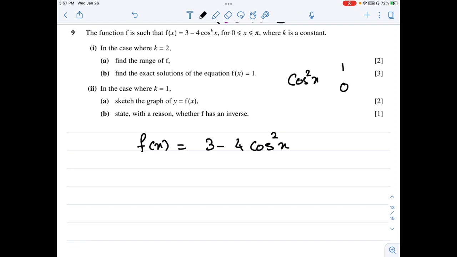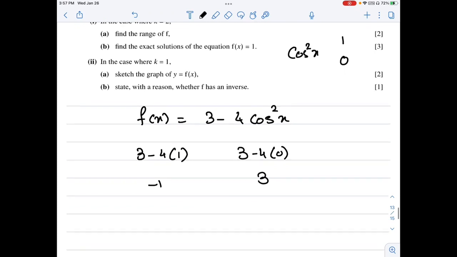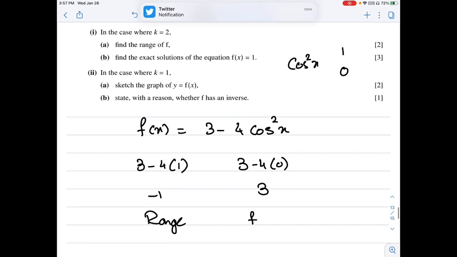So one limit will be 3 minus 4 times 1, which is -1, and the other 3 minus 4 times 0, which is 3. So f of x lies between -1 and 3.